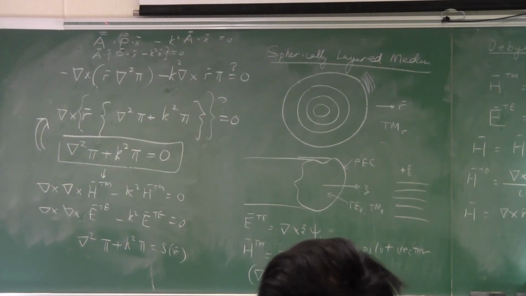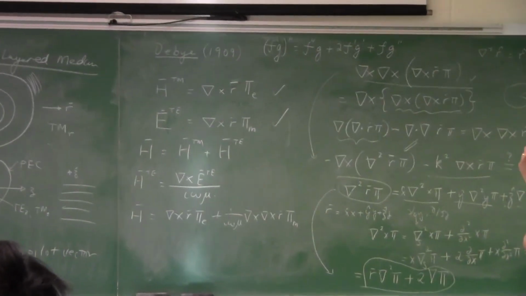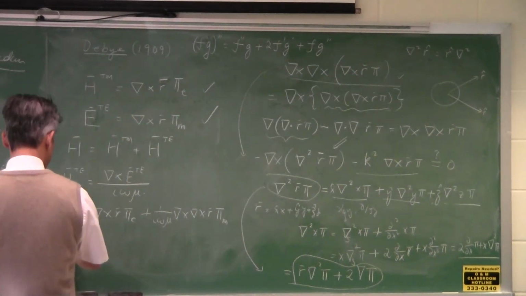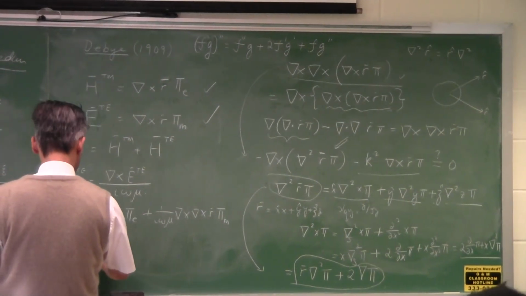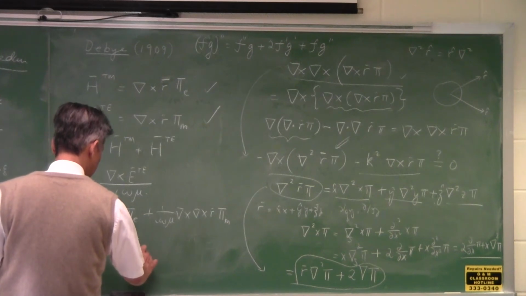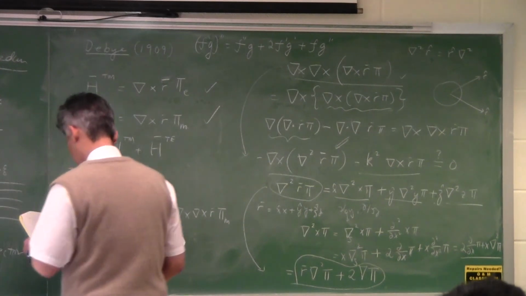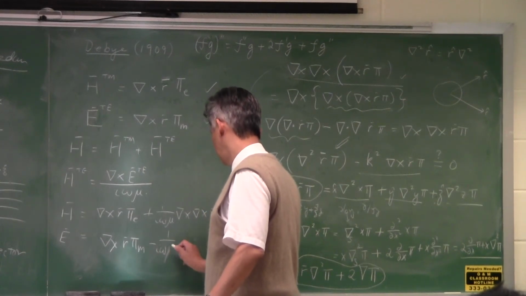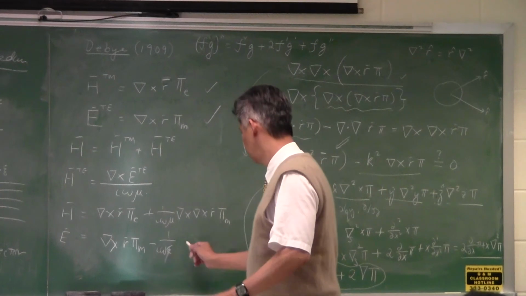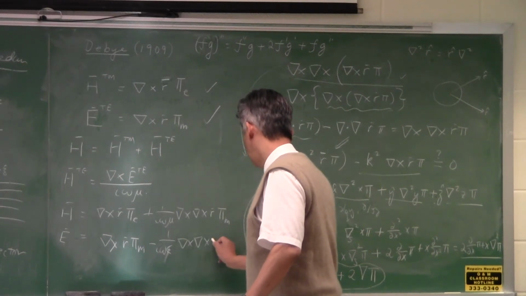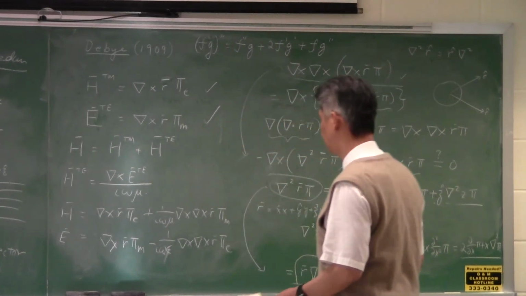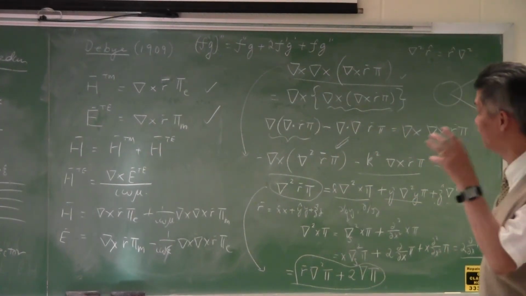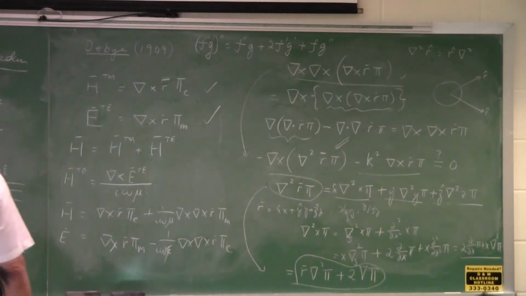So the total field is just the sum of TE and TM fields. And similarly, the total E field is also the sum of TM and TE fields, and it can be written as curl of R phi E. That's the total field in a spherical layered medium, in the place where it's homogeneous.